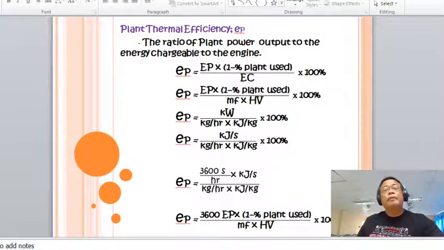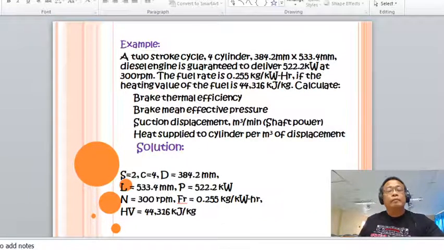Substituting again the values, the plant thermal efficiency equals 3,600 EP multiplied by 1 minus percent plant used over MF times HV multiplied by 100%.